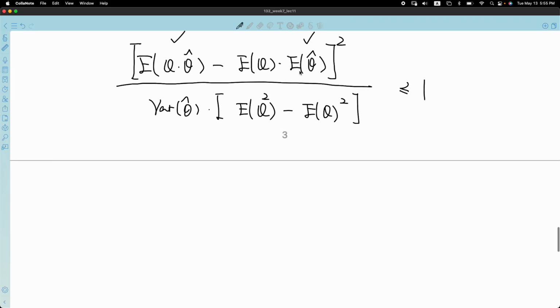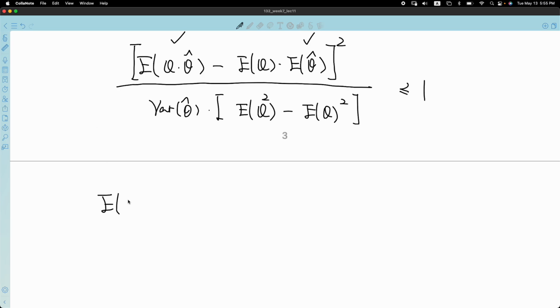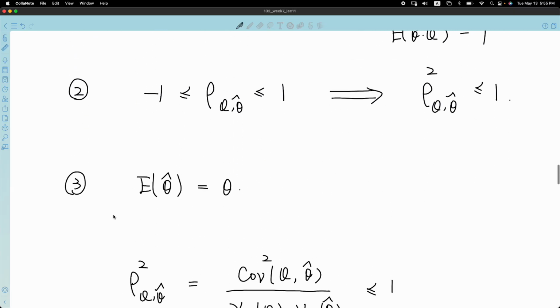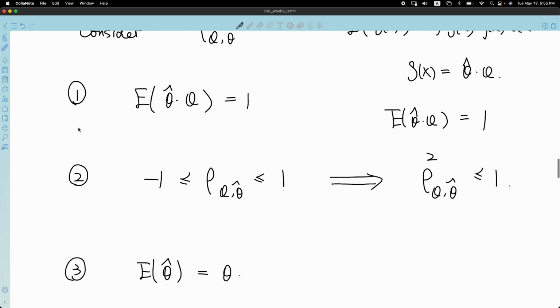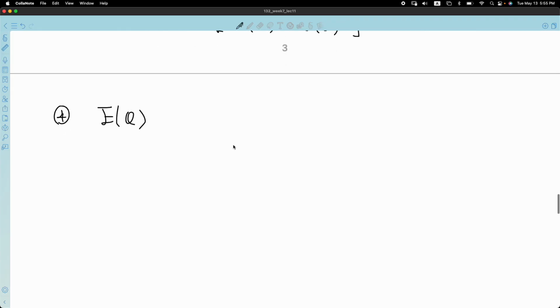Our goal is to find the expected Q. Let me introduce another bullet point here, the fourth. The 1, 2, 3 on the top are information we already know. Let's fill in the fourth bullet point here.